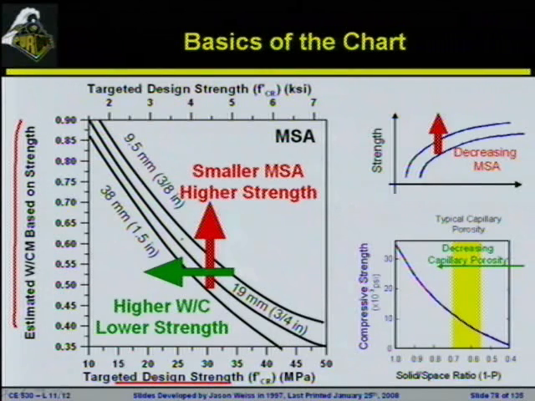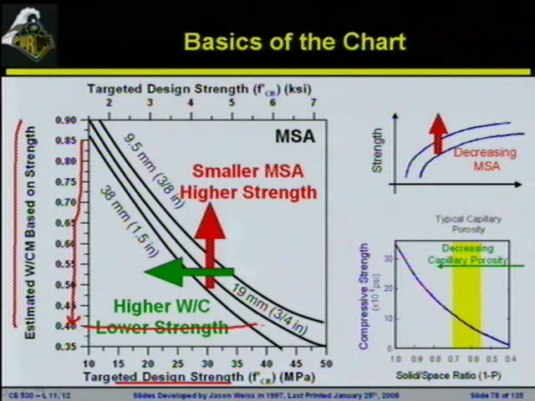If we look at these curves, irrespective of the aggregate size, there are a few trends that start popping out. As we start to move down on this y-axis, we go from a 0.85 to a 0.8 to a 0.6 to a 0.4 water to cement ratio.